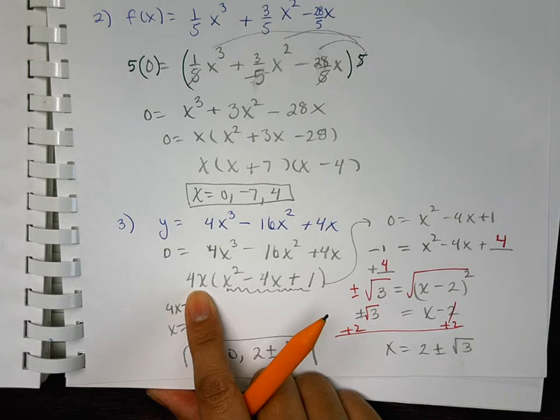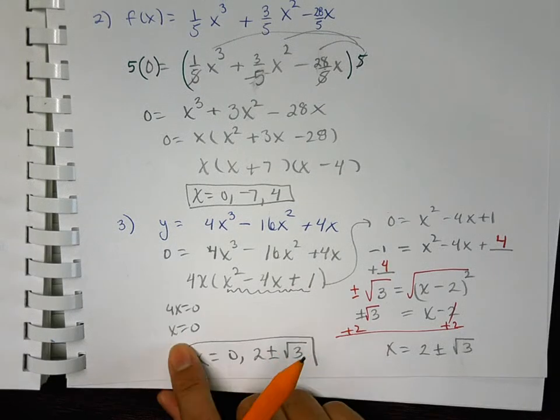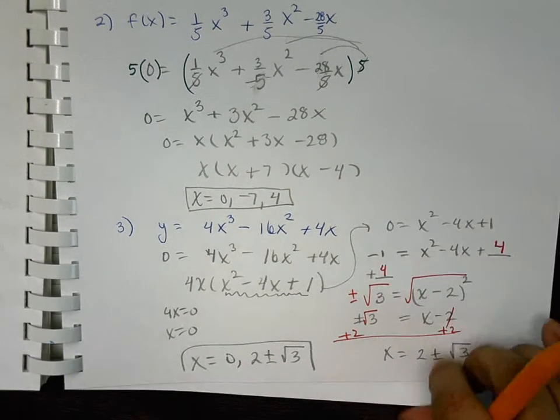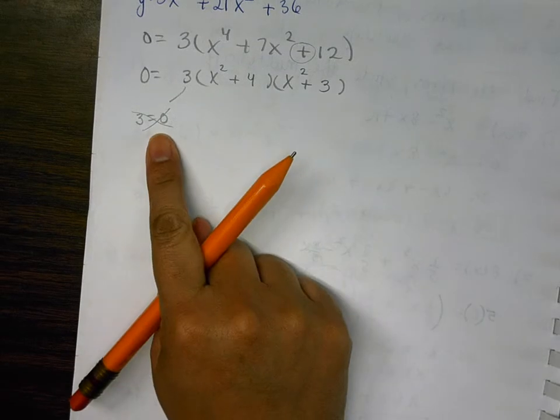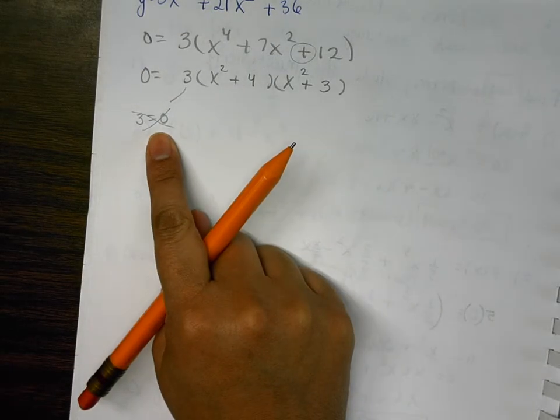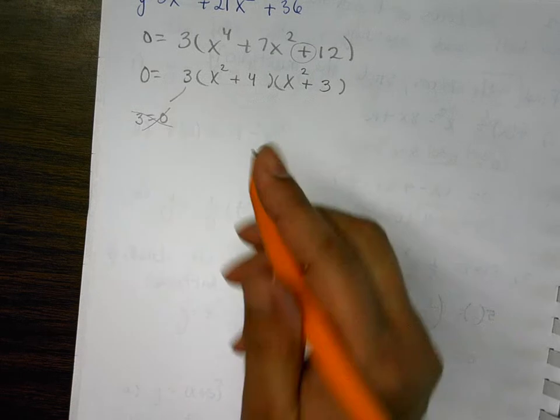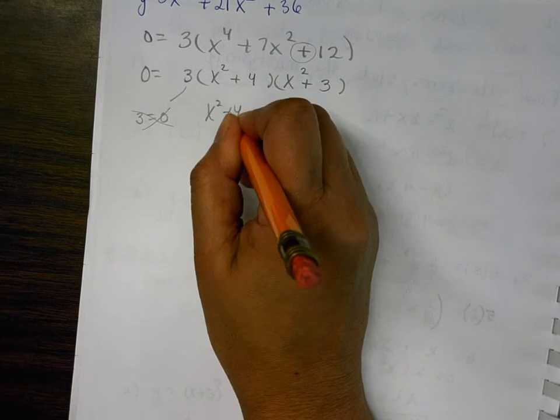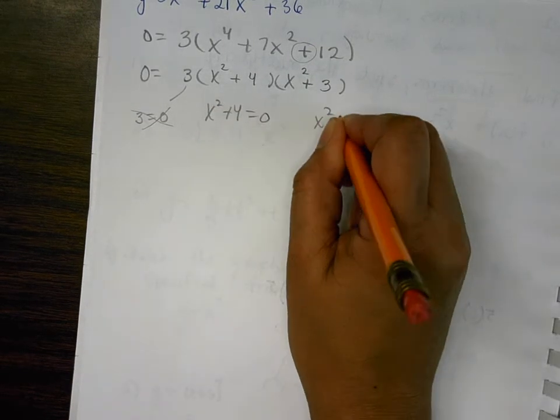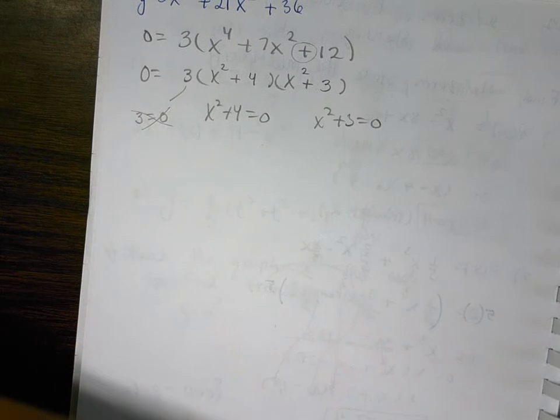This has an x. It has a variable with it. So if it's 4x or 5x or 10x or even 10x squared, will 0 be one of your solutions? Now, if you take out just a constant and no variable, is it part of your solution? No. All right. X squared plus 4 equals 0. X squared plus 3 equals 0 using our zero product property.